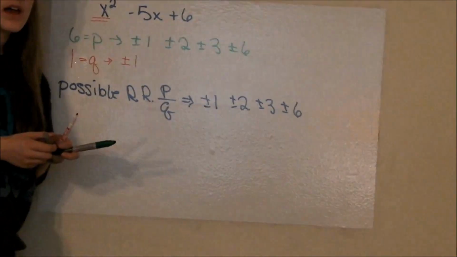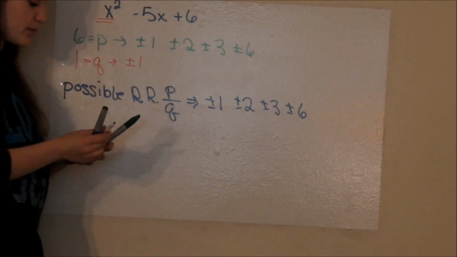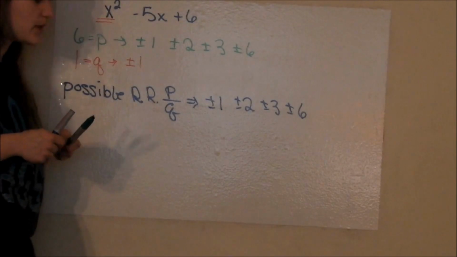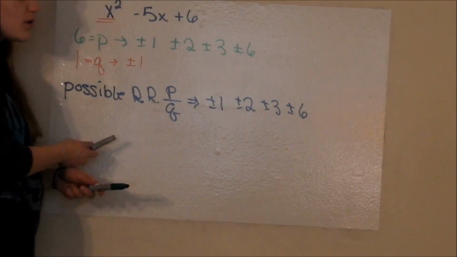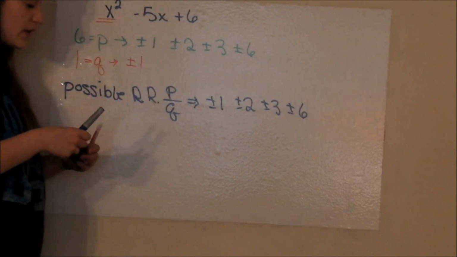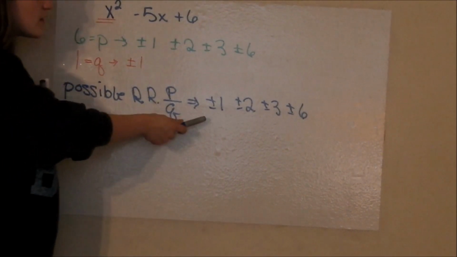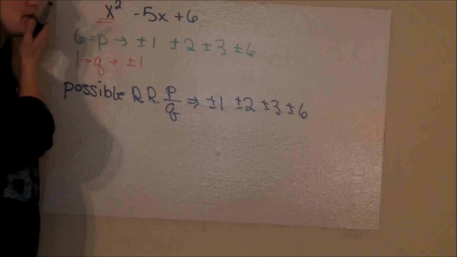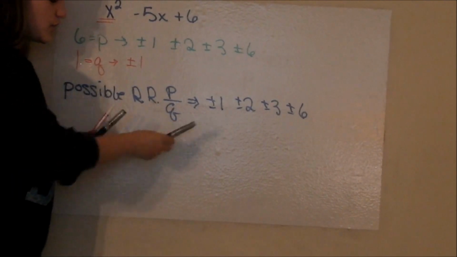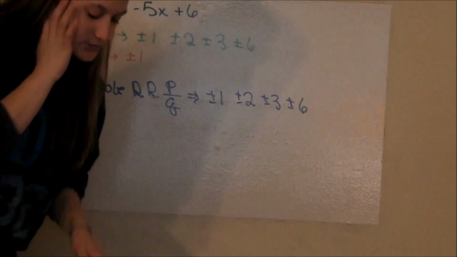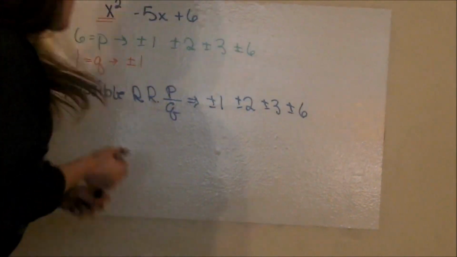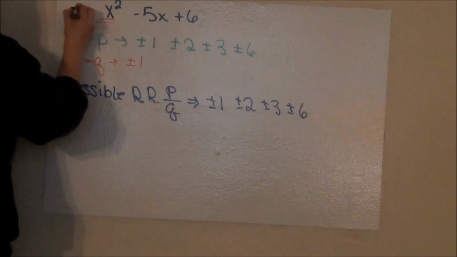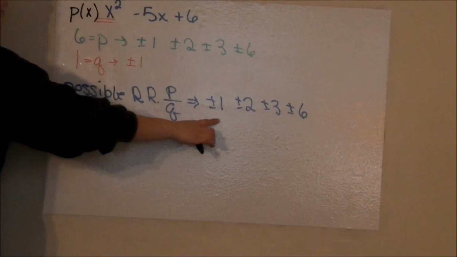From here, we want to find our factors. Now these are all the possible zeros that we could have, but we don't know. We have to go through each single one, the plus or minuses, and plug them back into our original polynomial. So we're going to test a few points here. We're going to test P of 1.